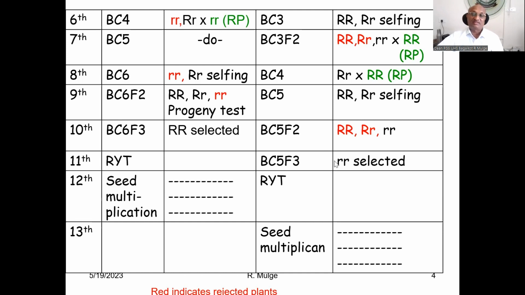If you want to go for further generations, you have to go for it, because what is the attainment of that? All the genes you are recovering. It is nothing but the homozygosity you are going to get, similar kind, in the progenies. So this is the backcross breeding and modified backcross breeding procedure you are following.